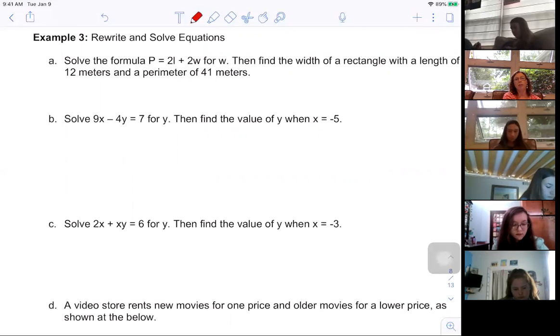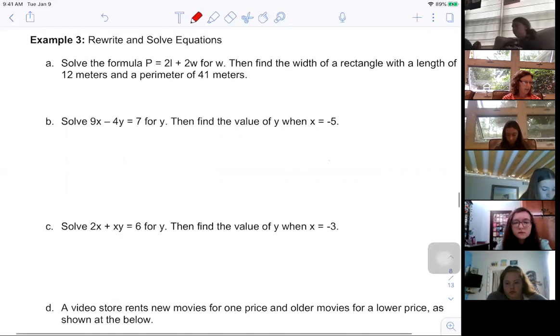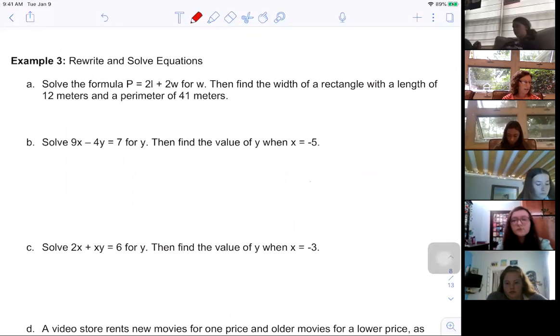So now we have equations that have multiple variables and they're asking us to rewrite it. Rewriting just means rearrange the equation for whatever variable they're asking us to solve for. So in letter A, it says solve the formula P equals 2 times the length plus 2 times the width for W. So we're going to stop at that part so that we answer that first part.